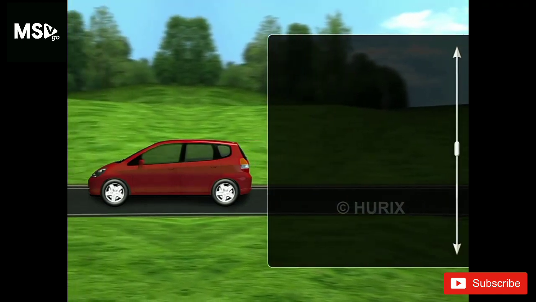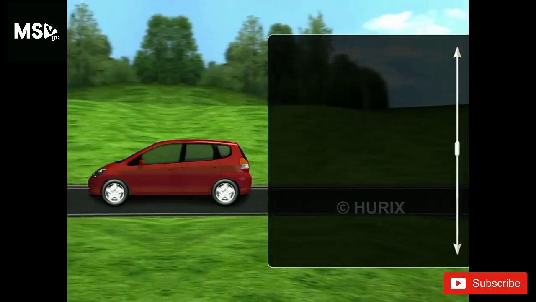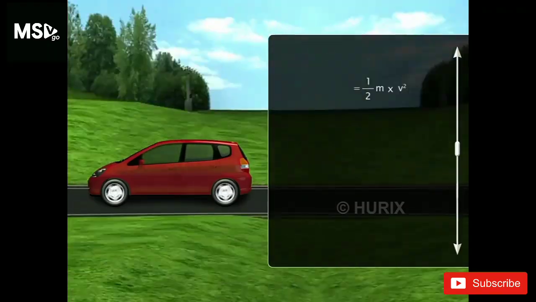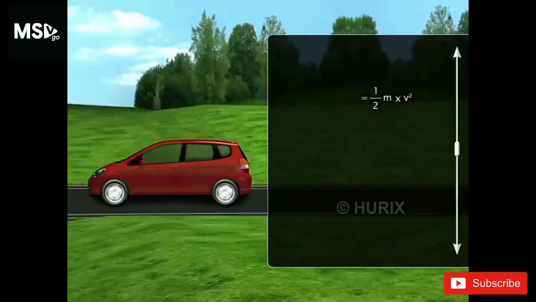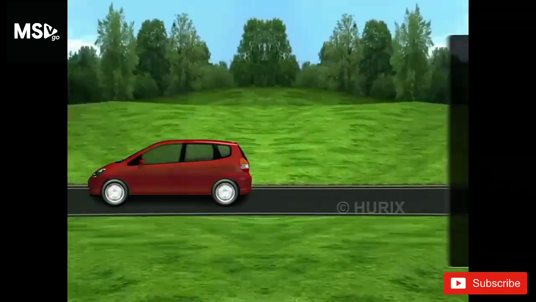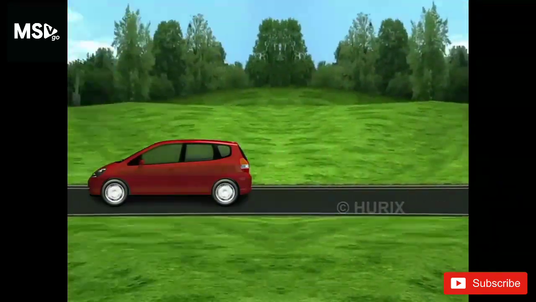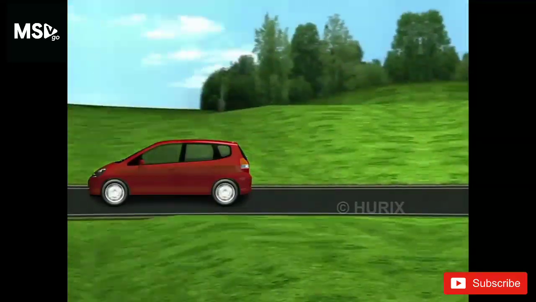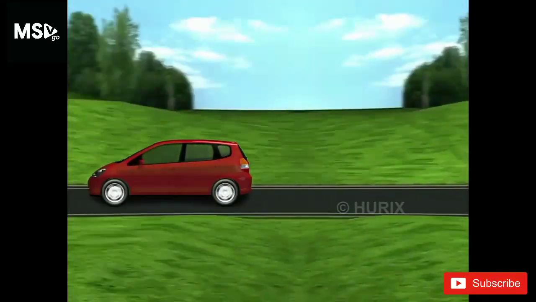Since the car is stationary at the start, its initial velocity will be 0. Thus, the equation changes to half m into v square. Since kinetic energy is dependent on motion, it changes if the velocity of the object changes.